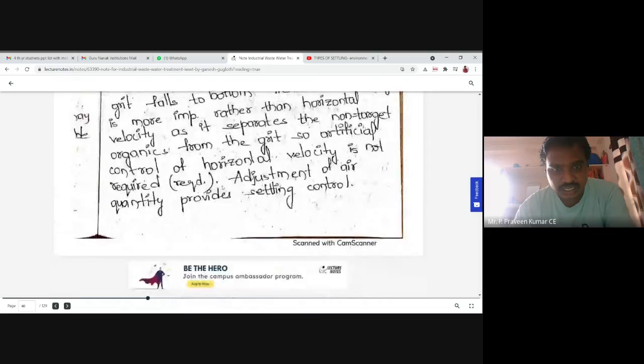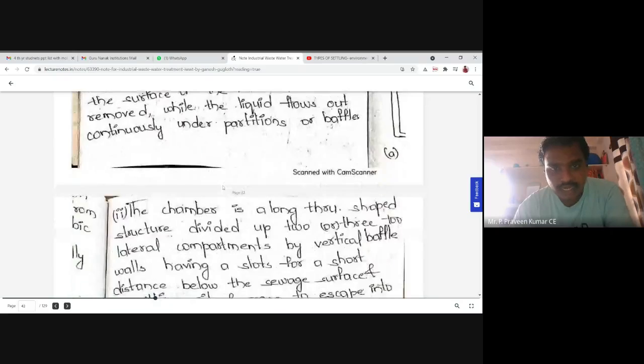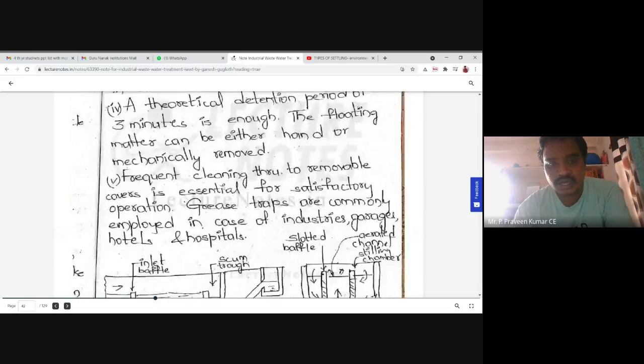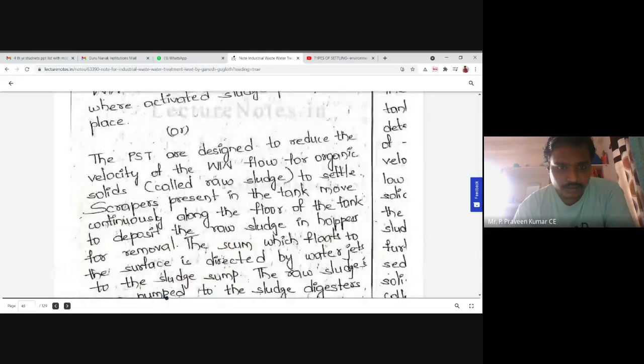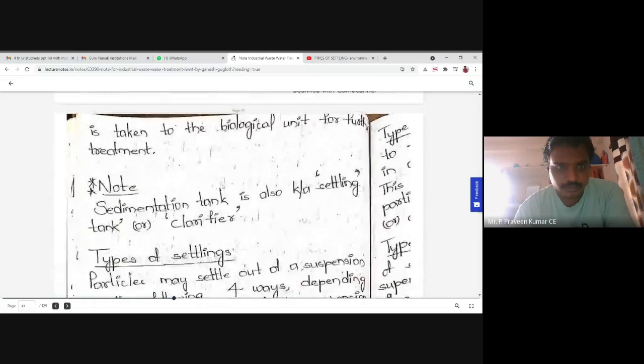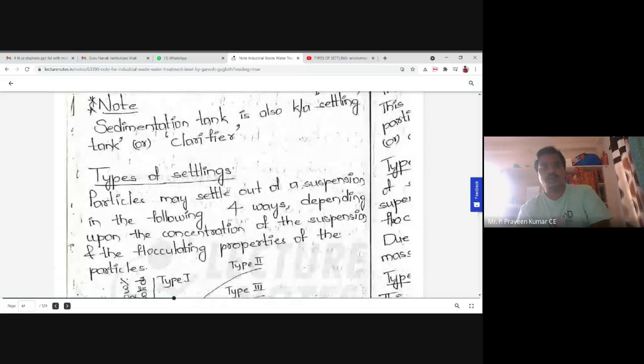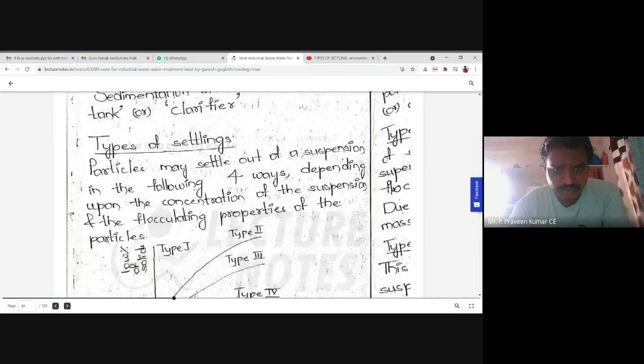Okay, today we will be discussing how the particles will be settled in the sedimentation tank. Right. This is the topic. Types of settlings. Okay, now see here.